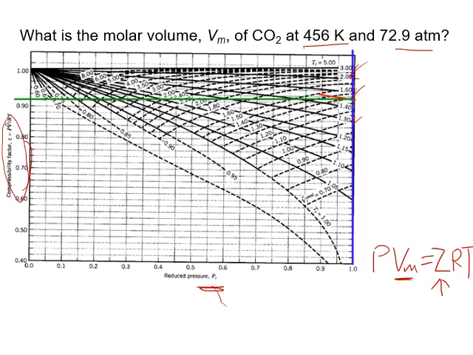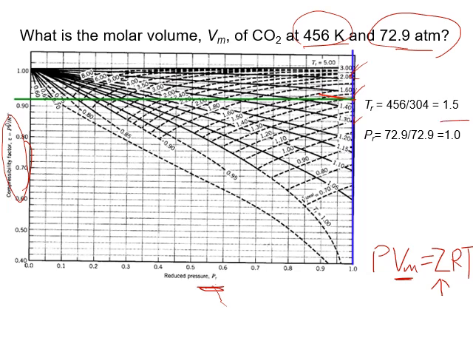So we know the temperature, all right? We need to know the critical temperature and the critical pressure. For carbon dioxide, we already know them from the last slide. We know the critical temperature and pressure, so we calculate the reduced temperature and reduced pressure.